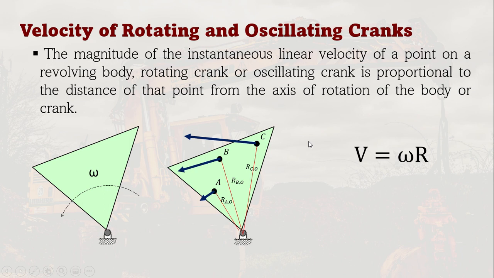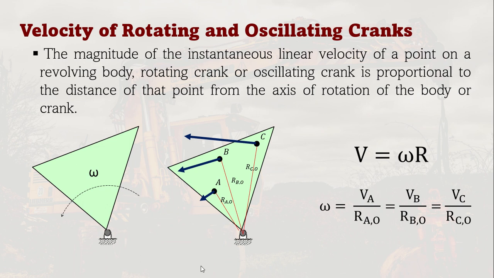So to get that velocity, we will use the formula omega multiplied by its distance from the axis of rotation, r. So omega is usually given, as you can see here, and the radius you measure from the axis of rotation to the point. And if you want to get the angular velocity, on the other hand, it can be computed by rearranging this equation.